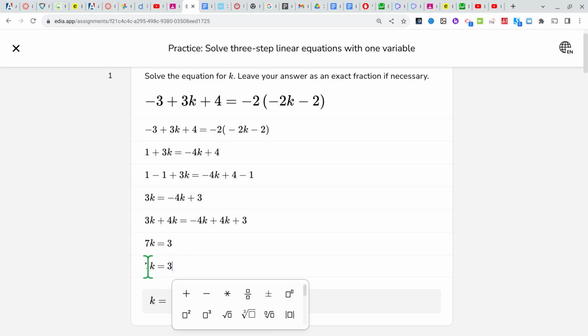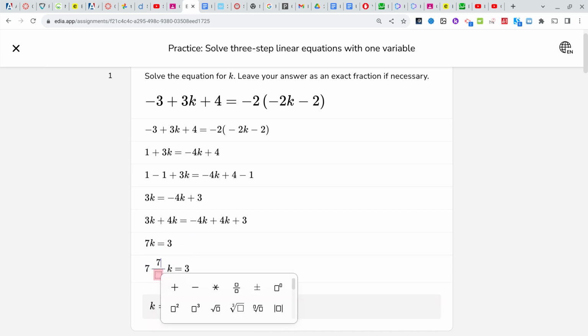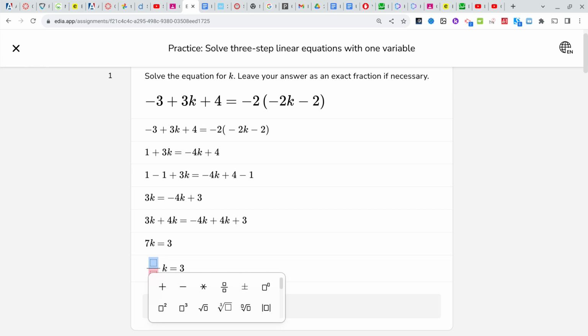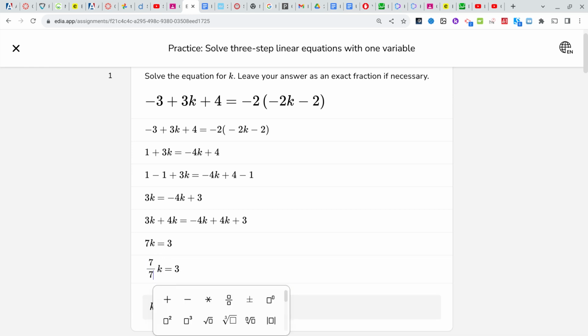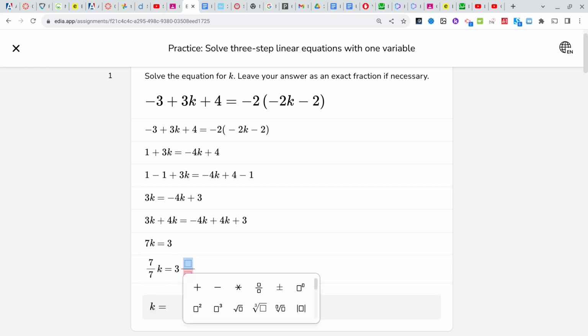And then the last step is, these are multiplying, 7 times k, so we can divide by 7. Let me undo that. Hold on. Messed up. Erase. Okay, we can divide by 7, and if you divide that by 7, you have to divide the 3 by 7 too.